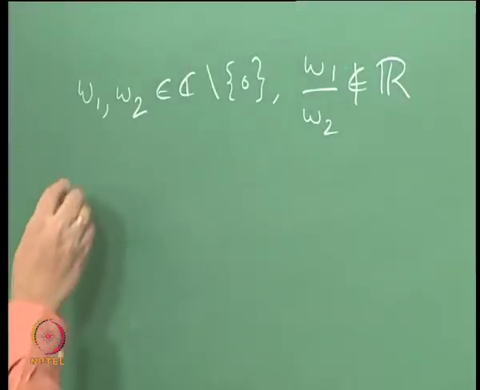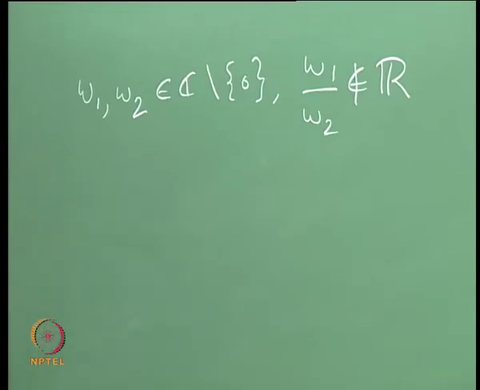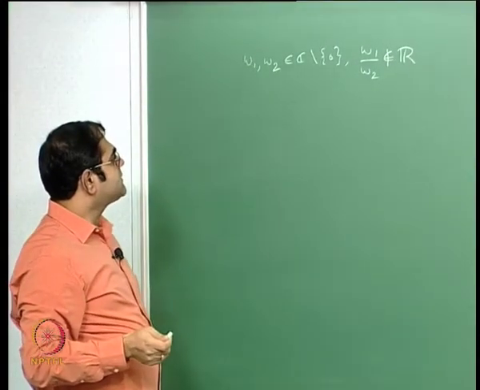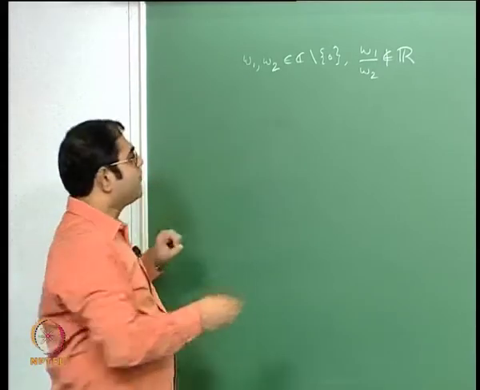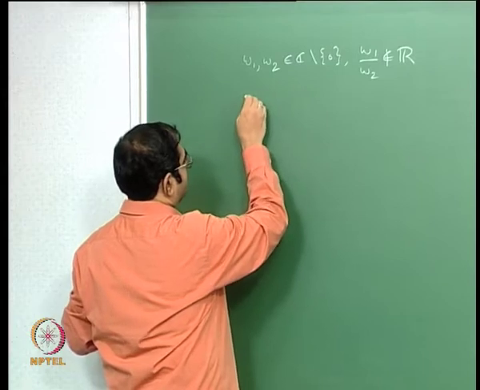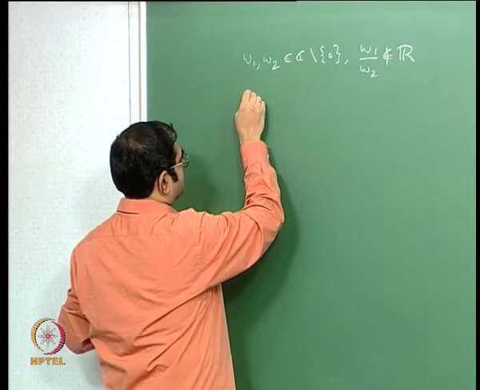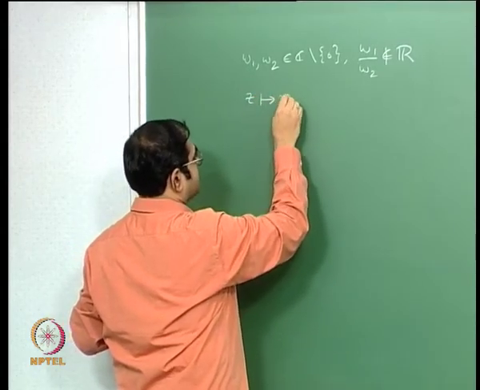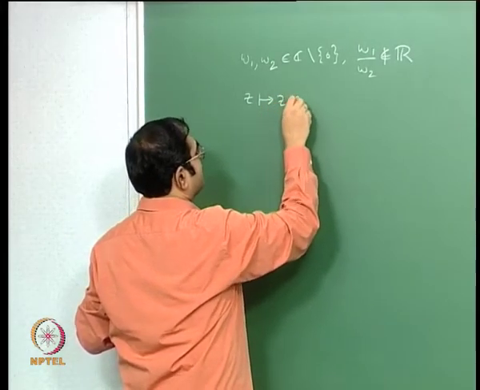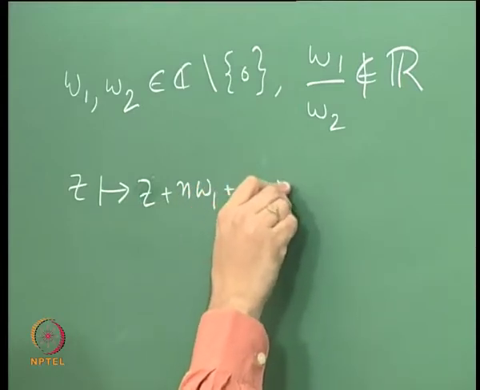Then we look at the subgroup of Mobius transformations which correspond to integer translations, by integer multiples of omega 1 and omega 2. So you look at z going to z plus n times omega 1 plus m times omega 2.